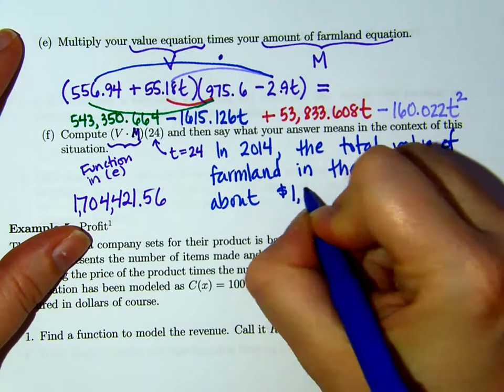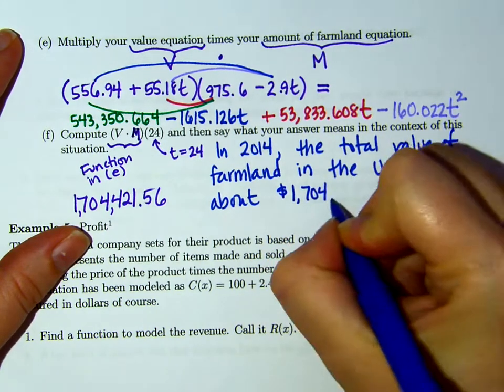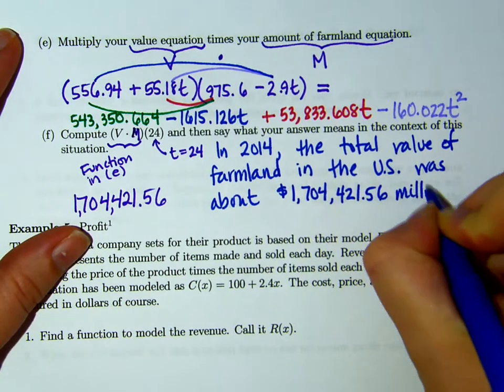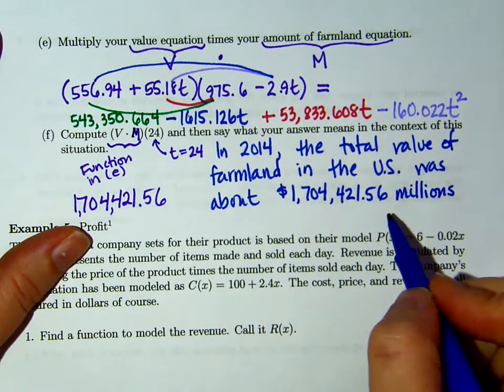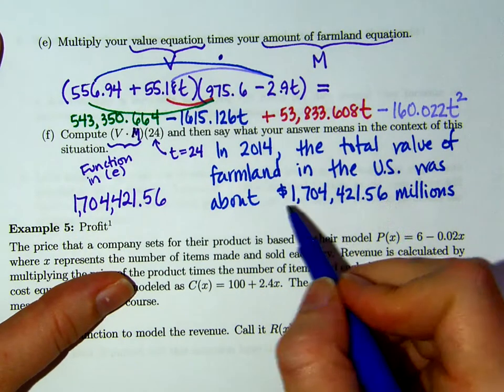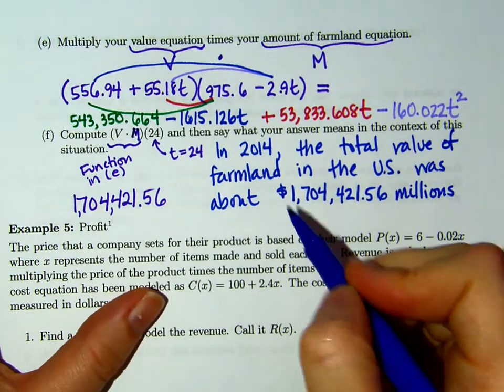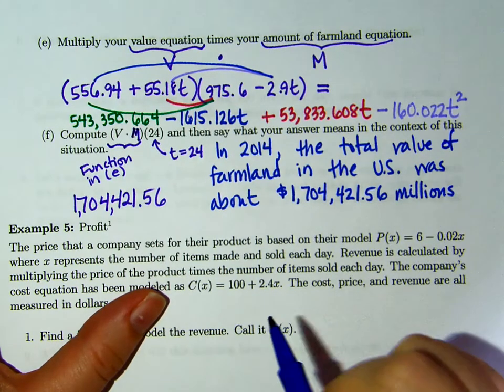So this isn't just 1,700,000. This is actually 1.7 million millions.